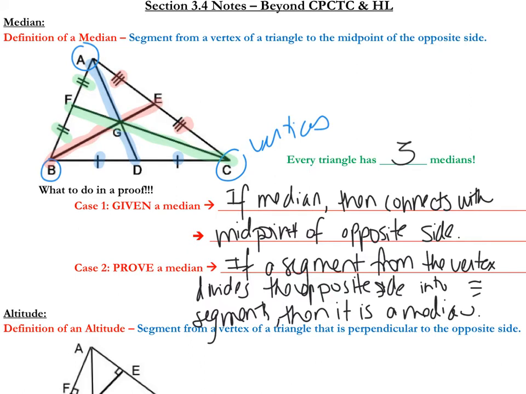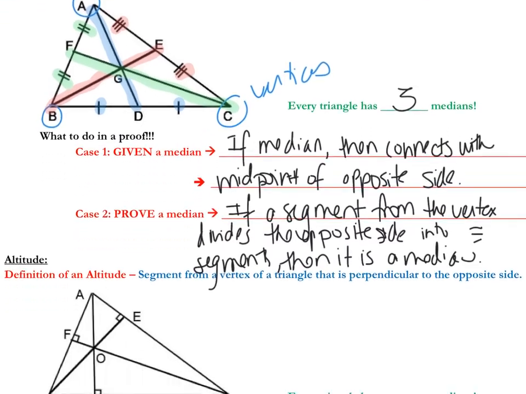So if a median, then it connects with the midpoint of the opposite side, which means you would be able to conclude that those 2 parts are congruent. And if proving that something is a median, if a segment from the vertex divides the opposite side into congruent segments, then it is a median.